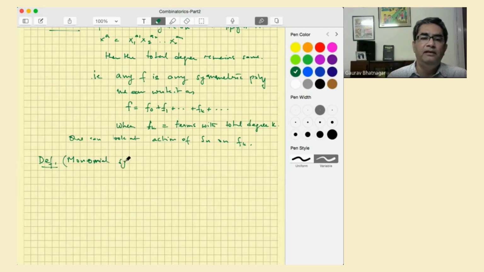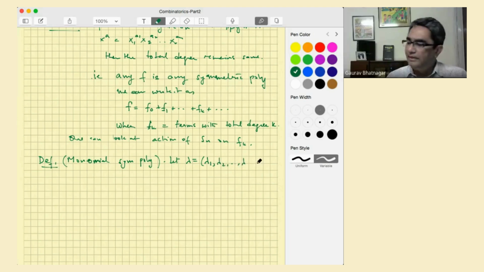Monomial symmetric polynomial. So let lambda be a partition. This k will get confusing.